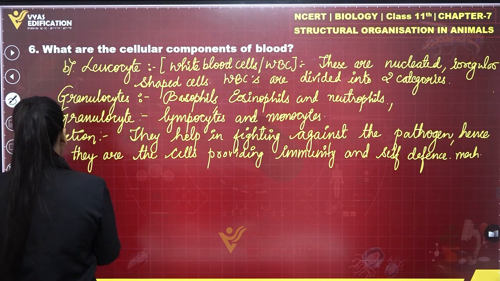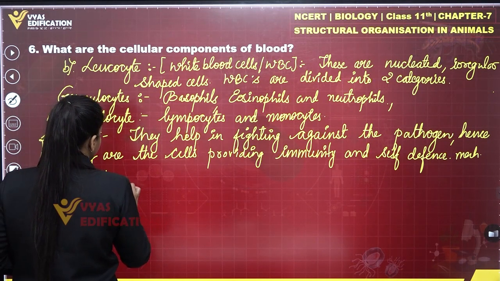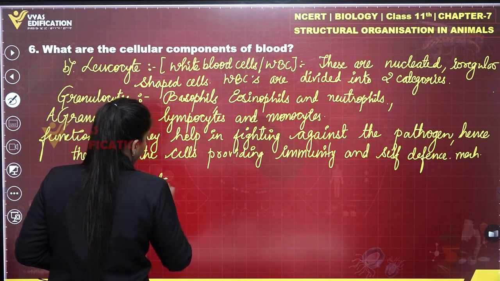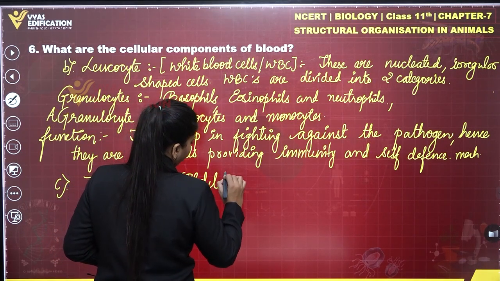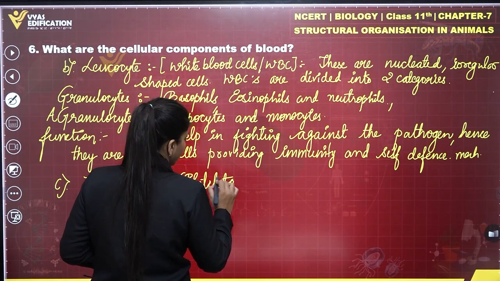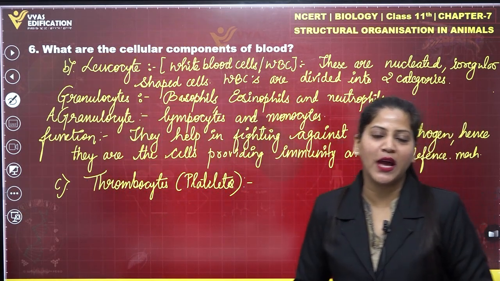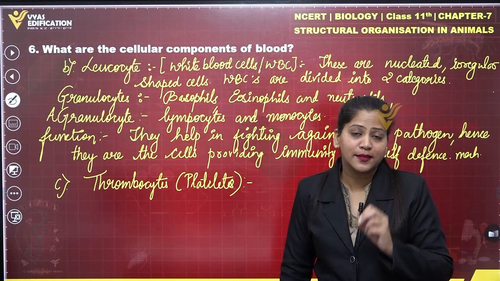Moving on to the last cellular component of blood, that is thrombocytes, or we can call them platelets, right? So the third and last cellular component of blood we have is thrombocyte or platelets. They are cell fragments.